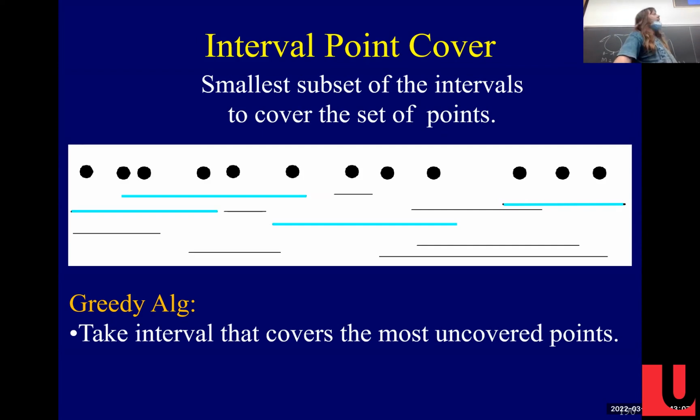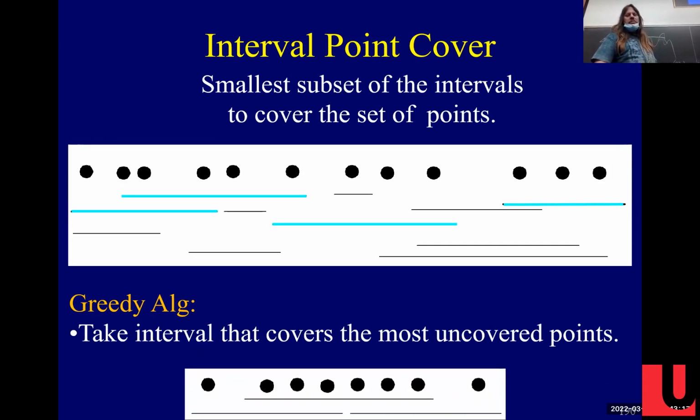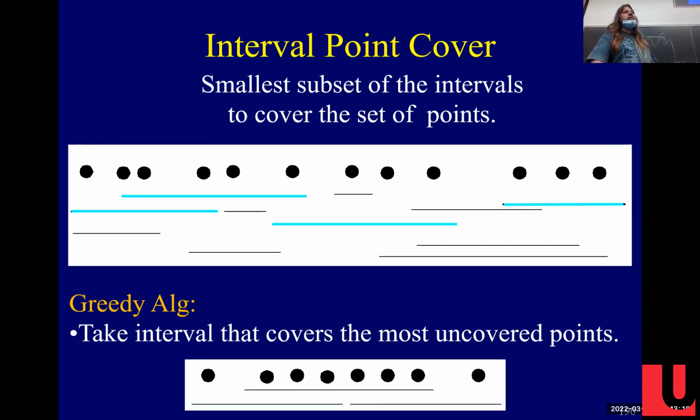All right, so here, which interval should we take first? It feels like the interval that covers the most points, right? And do you think that works? Probably not. Everybody buy that this is proof that this algorithm doesn't work?